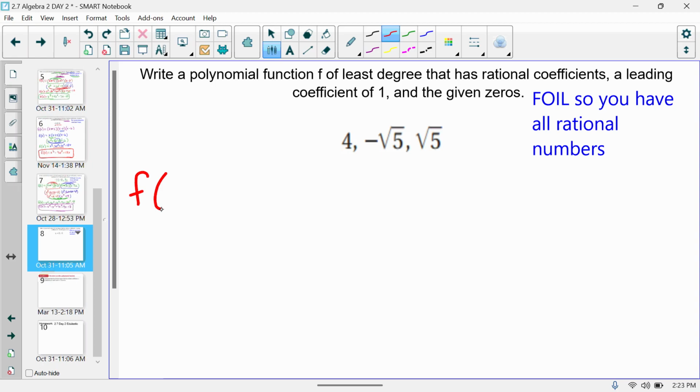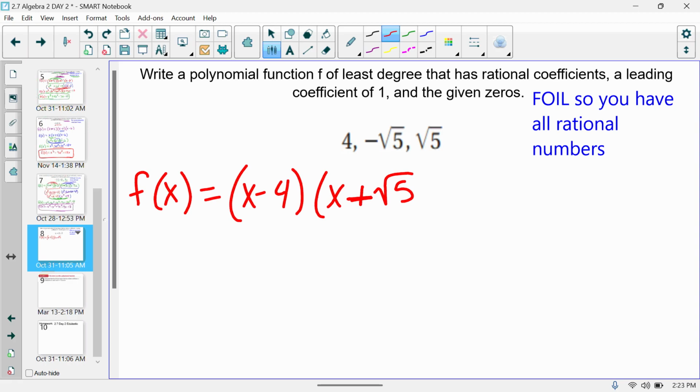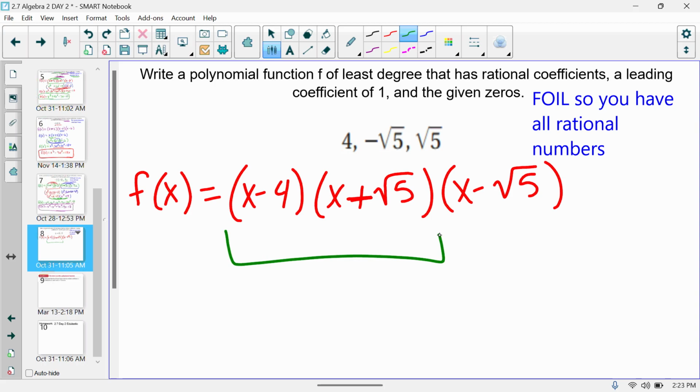So let's write it in factored form first. If 4 is a solution, x minus 4 would be a factor. If negative radical 5 is a solution, x minus negative radical 5, or a better way to write it would be x plus radical 5 would be a factor, and then x minus radical 5. Now, again, guys, when you're multiplying this out, we could FOIL these two and then take the answer.